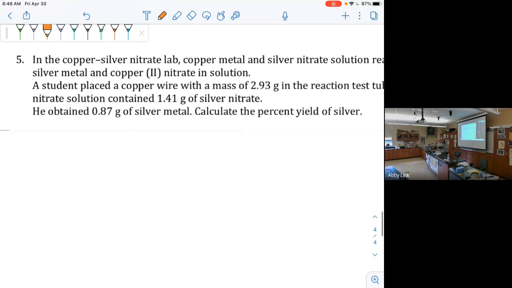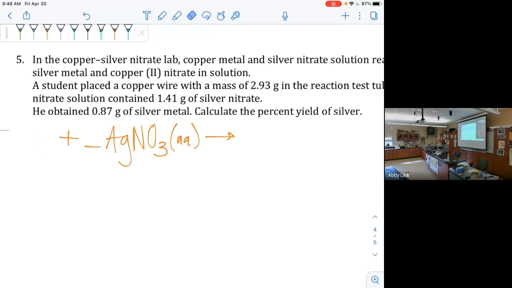You know the drill. We've got copper solid reacting with the silver nitrate. Silver is +1, nitrate is -1, so we end up with AgNO3, and that's a solution, so it's aqueous. Oops, I should have had a solid on copper, guys.